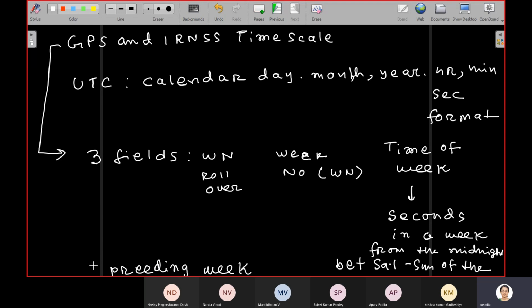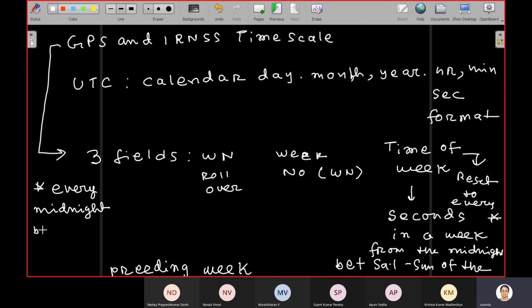So it is reset to 0 every midnight between Saturday and Sunday, and then it is counted again.